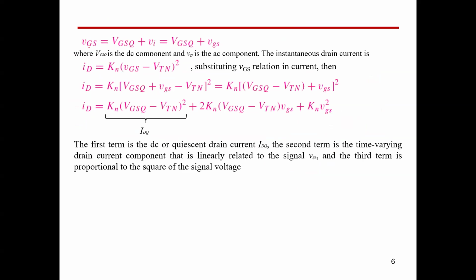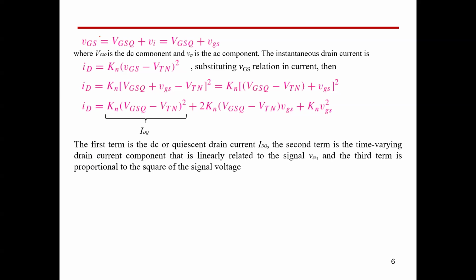I'm going to say vGS, and you should know now, according to this notation, it means it's the total instantaneous, since you have here little v and a capital subscript.